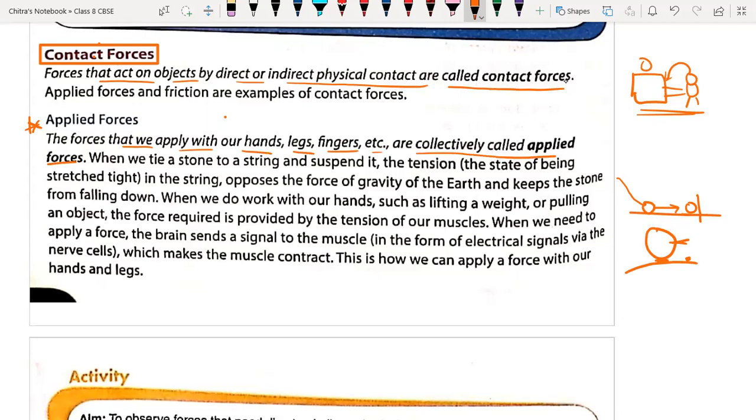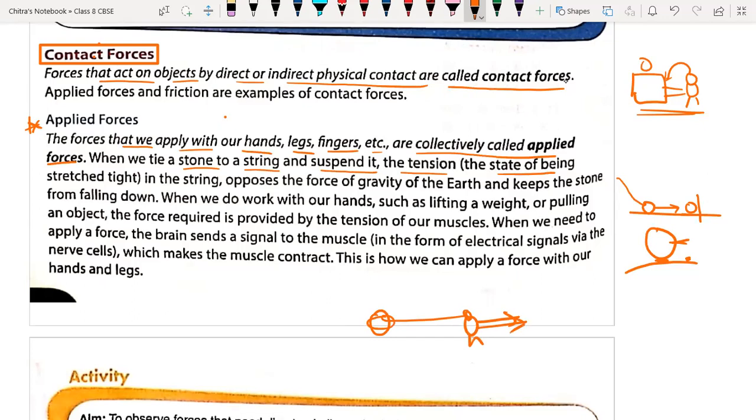When we tie a stone to a string and suspend it, see what happens. Suppose here we have the stone tied with the string, and you are holding that string and pulling in this direction.